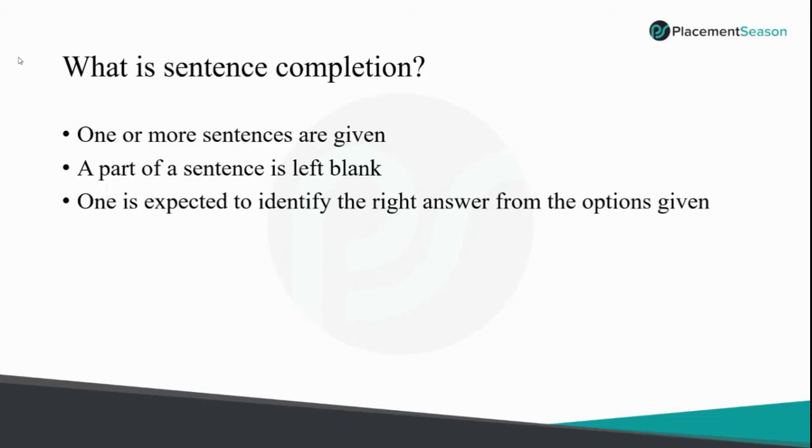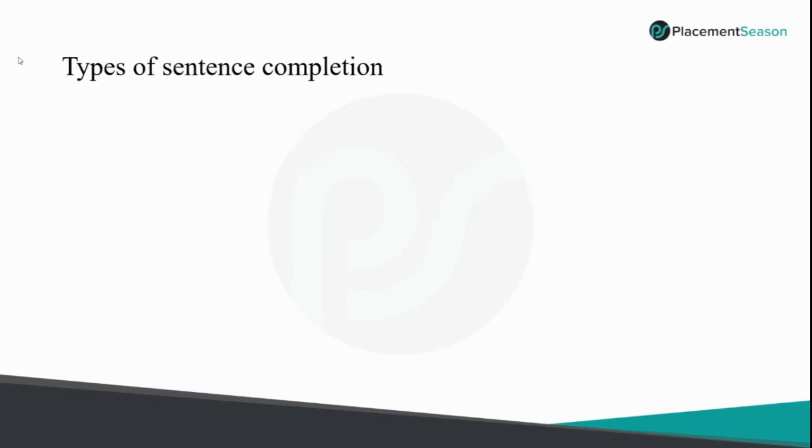So I'm reiterating: a sentence or more than one sentence is given and blanks are left. One or a few words are removed from it. You have to go through the options, choose the word that actually fits in the sentence, and mark it. This is sentence completion. Clear?